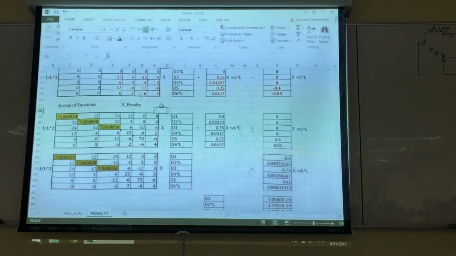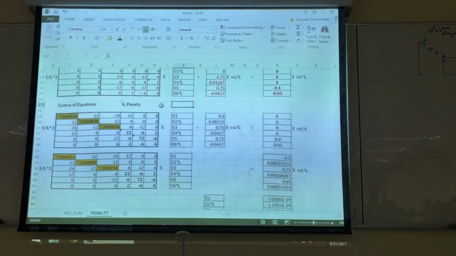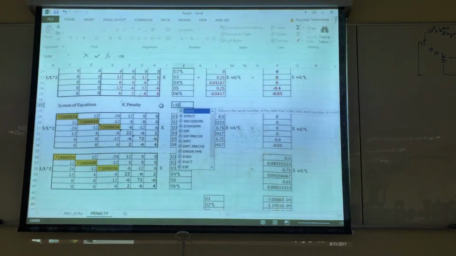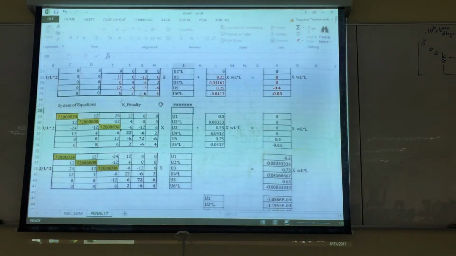Okay, so let's call this one penalty spring stiffness equals to 1e to 1000. Okay, right. So this figure is 10 to the power of 100.